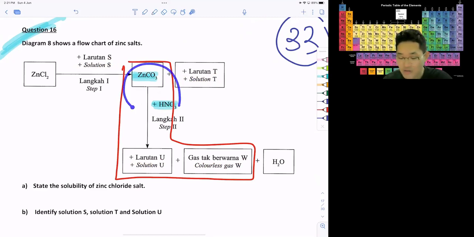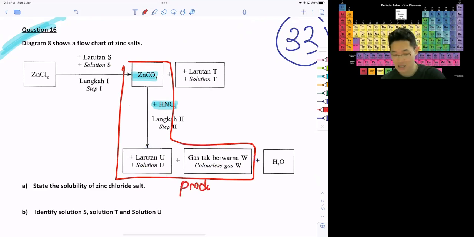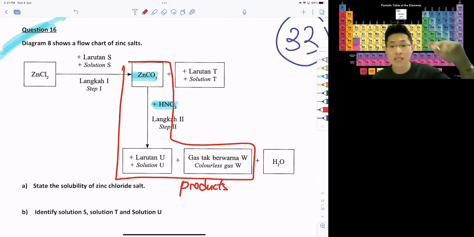They gave you the reactant. This one is reactant given, and you have to find the products. The way to find products is very simple. Just write the equation out.